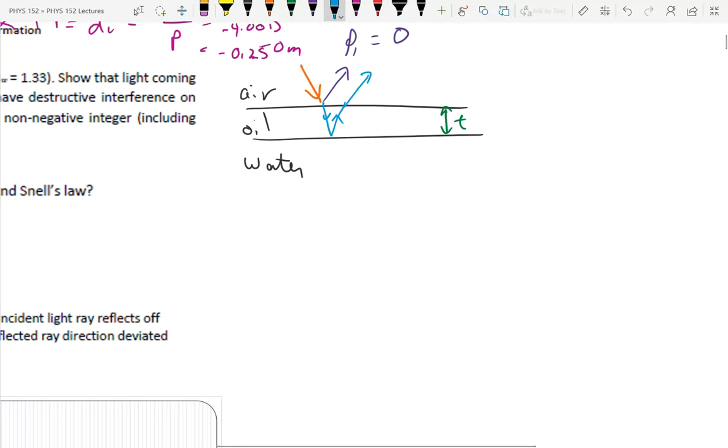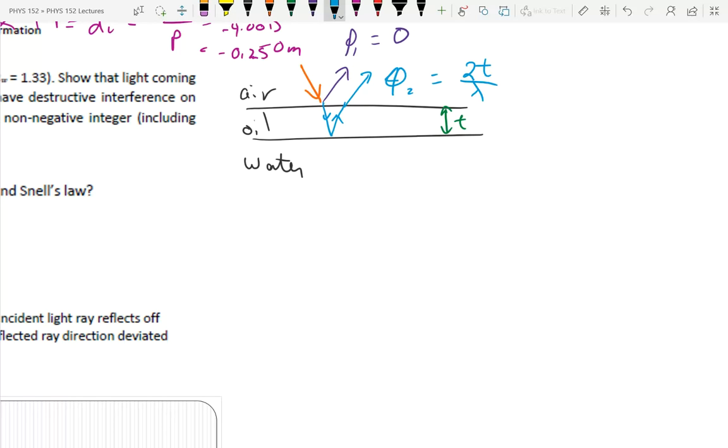Now for the second one, it went through the oil twice, and so I have a path length that's going to be 2 times the thickness, but then I'm going to convert that into radians. So if it's 2 times the thickness, I need to define how many wavelengths that was, so I'll divide it by the wavelength.